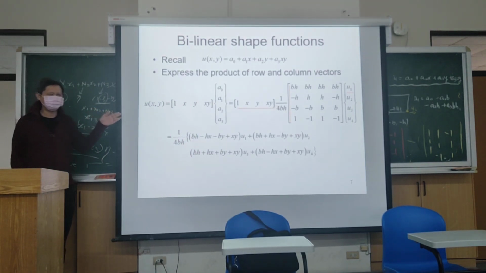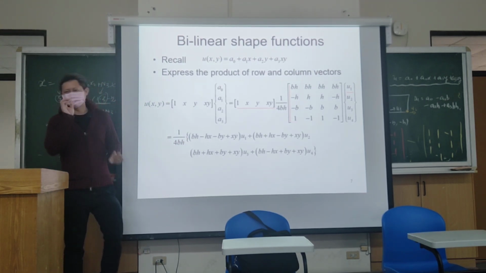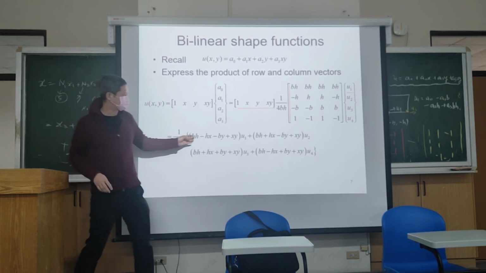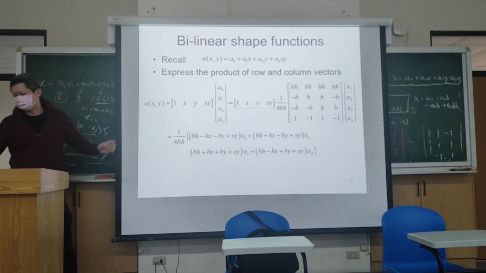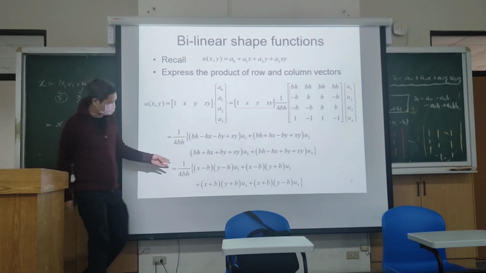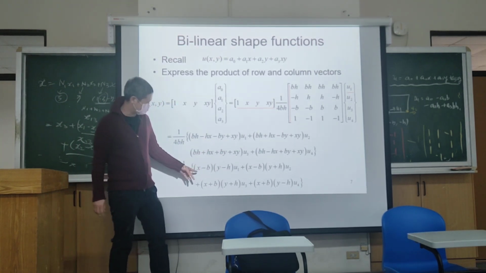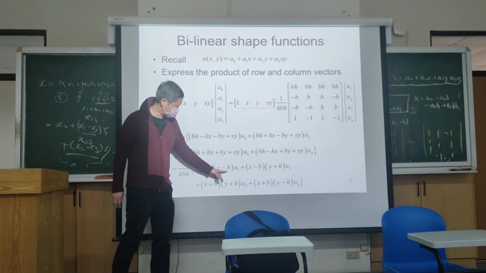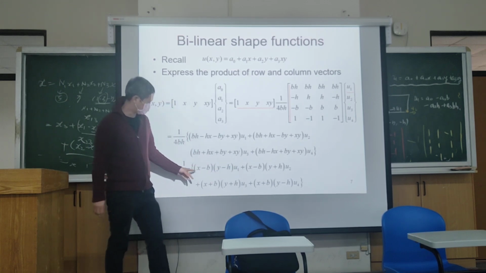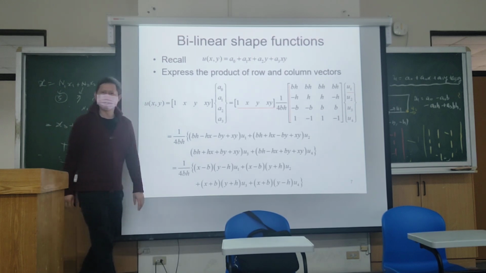So this product expands into something very messy, but we combine it according to the nodal displacements. What is the first group? The first group is your shape function. So if you do proper factoring of the expression, the first coefficient, which is the shape function for node 1, will then be (x minus b)(y minus h).